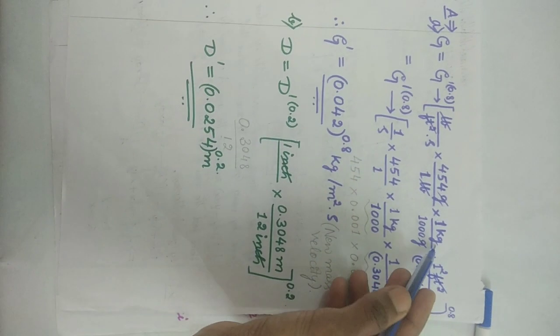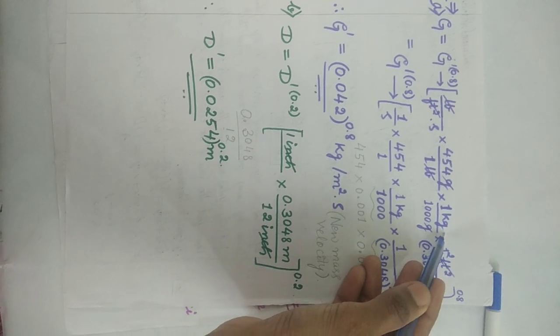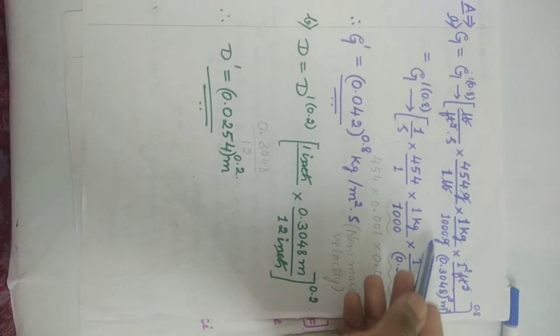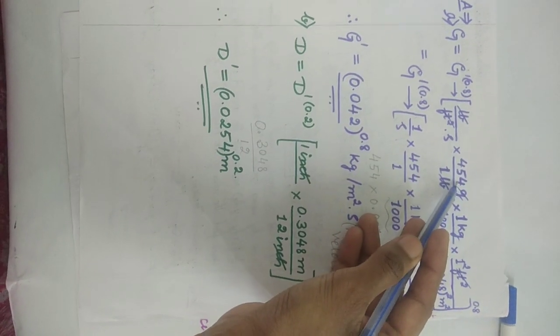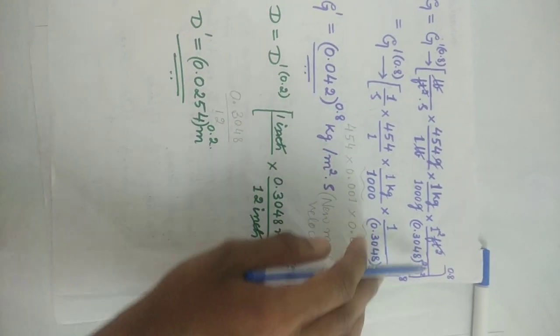In the numerator, 1 kg is 1000 grams. Gram cancels, 1000 remains, and 454 is there.